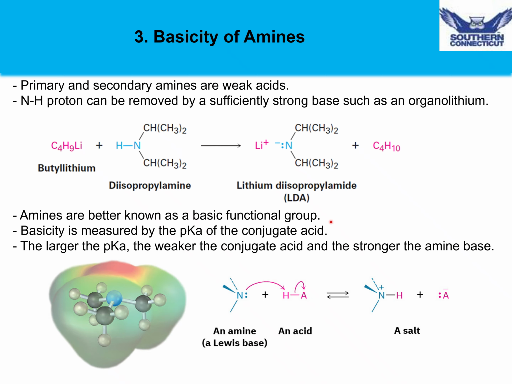Here's a general example of an amine reacting with an acid, forming an ammonium salt, which would be the conjugate acid. Measuring the pKa of this conjugate acid will indirectly give us a sense of how strong of a base we have with the amine.